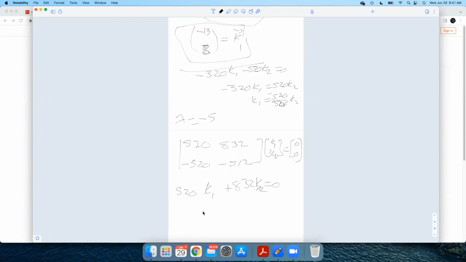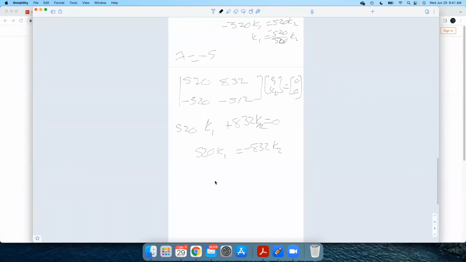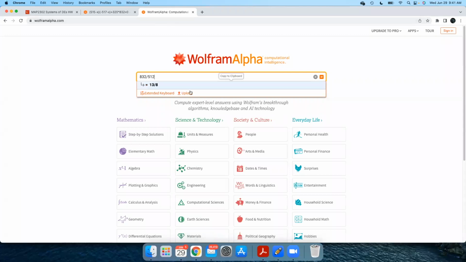So this would be 520 K1 equals negative 832 K2. And again, I would like to reduce that, and I just think it's going to be easier. We could just use the numbers the way they are. We just type that in, get that as a reduced fraction.